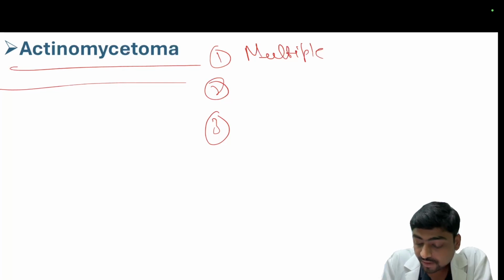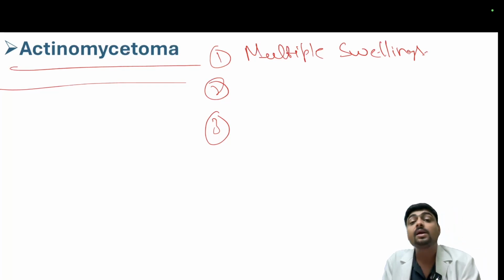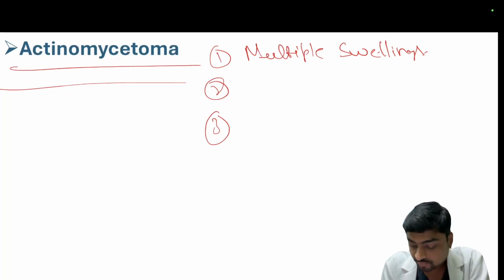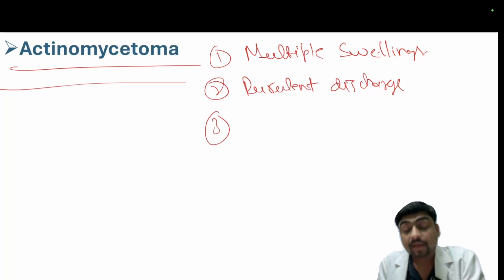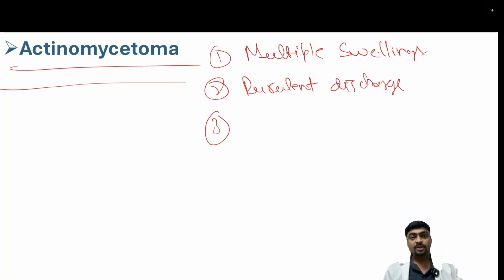So multiple painless subcutaneous swellings will be seen in Actinomycetoma, and there will be purulent discharge from the sinuses, and the discharging sinuses will contain whitish granules.